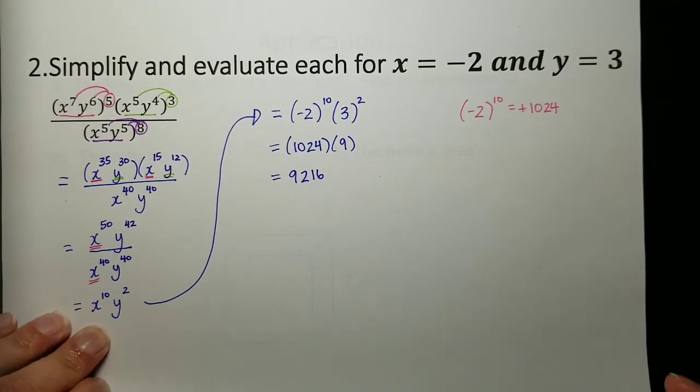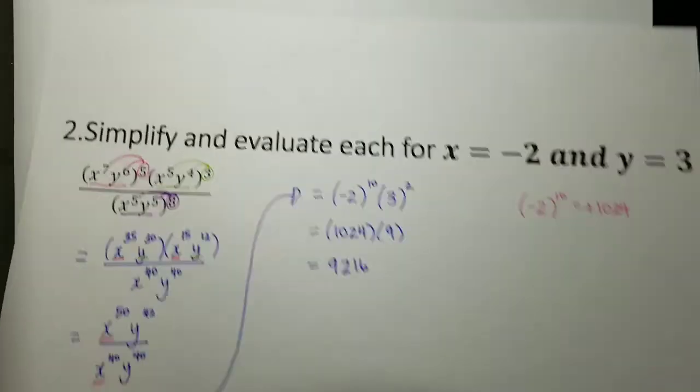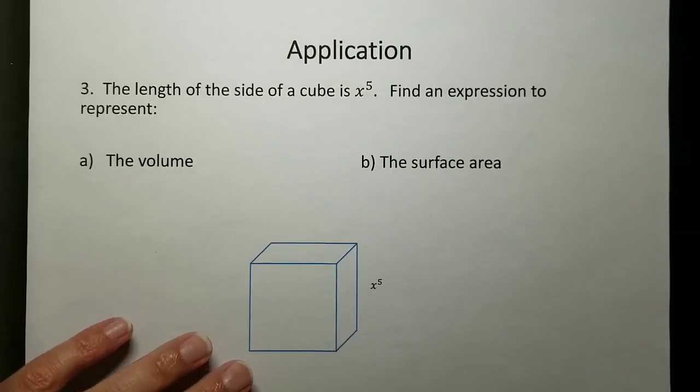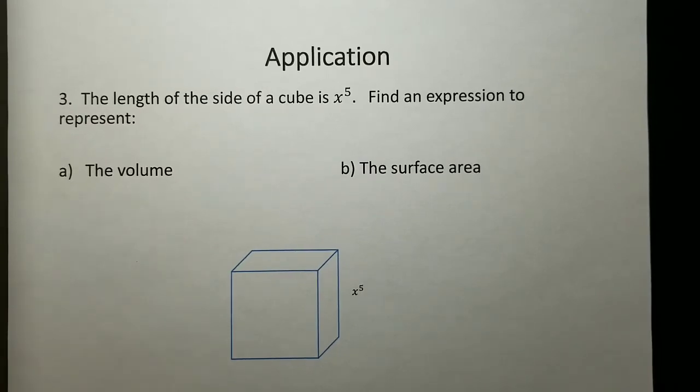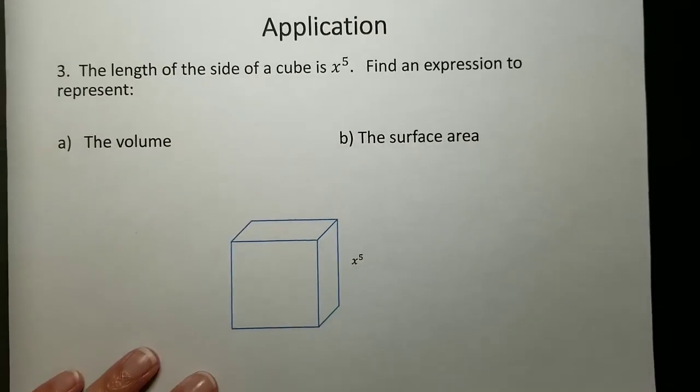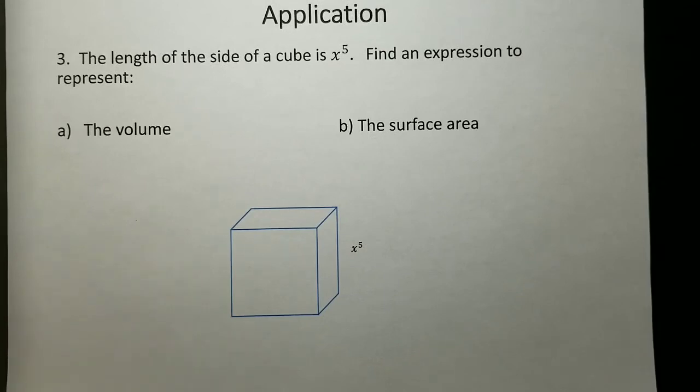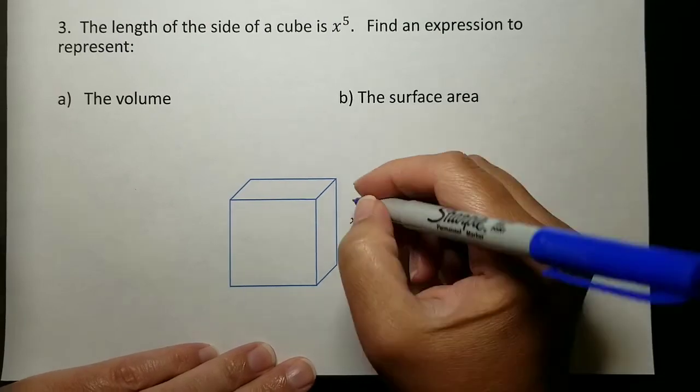One more example in today's note. So here we're given a cube, and we want to find an expression for the surface area and for the volume. And we know that the length of one side of this cube is x to the exponent 5.